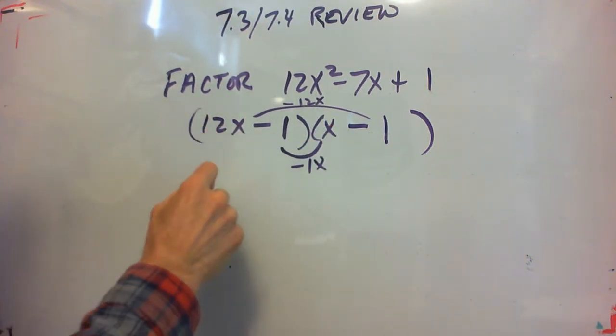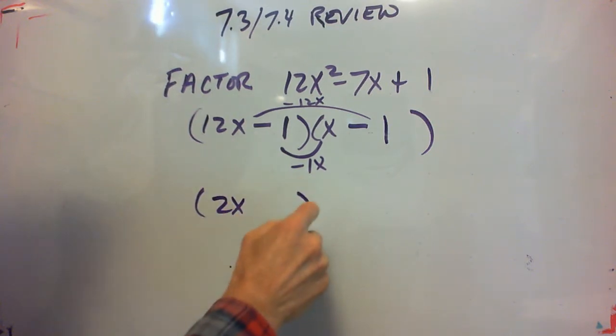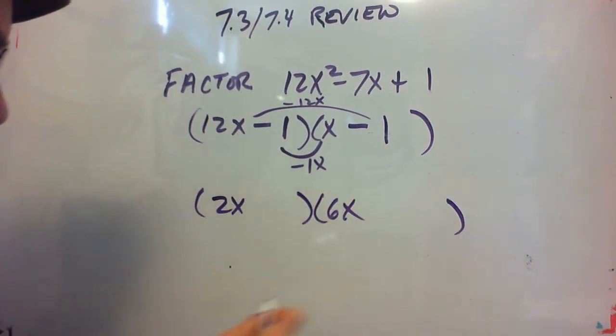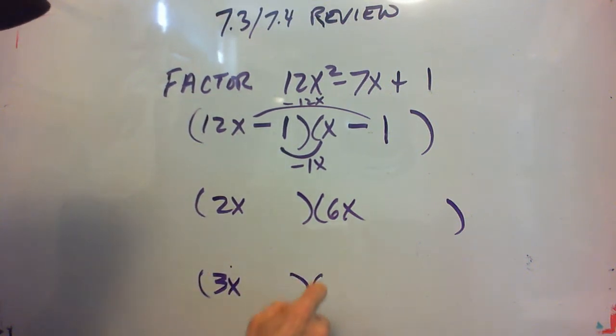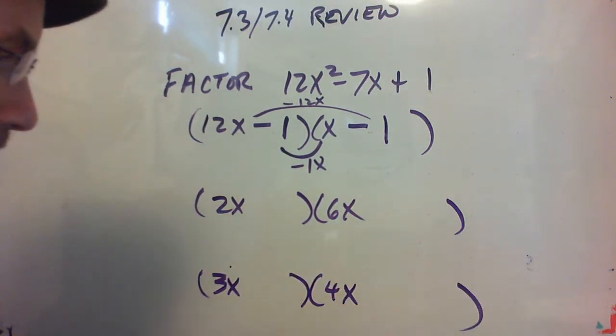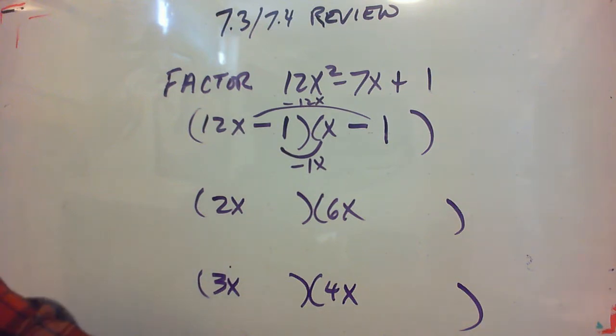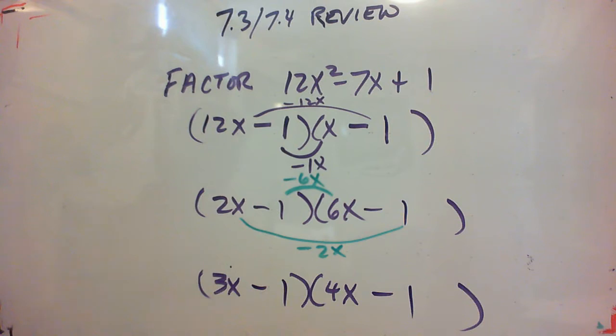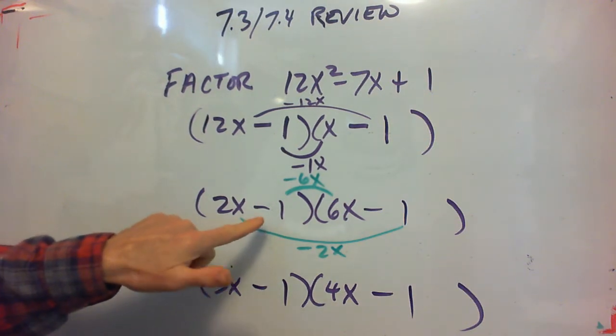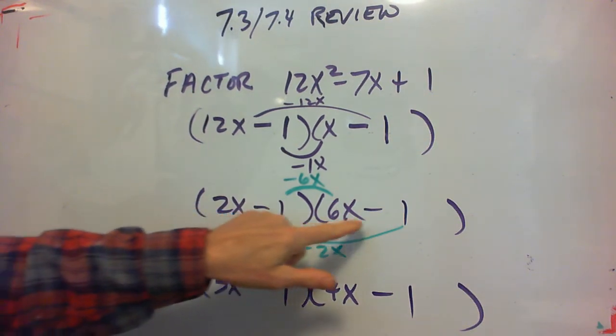So then we have to go either to 2x and 6x or 3x and 4x. So why don't you try to find the possibility that works here? Okay, the 2x and 6x possibility, we have to have minus 1, minus 1.